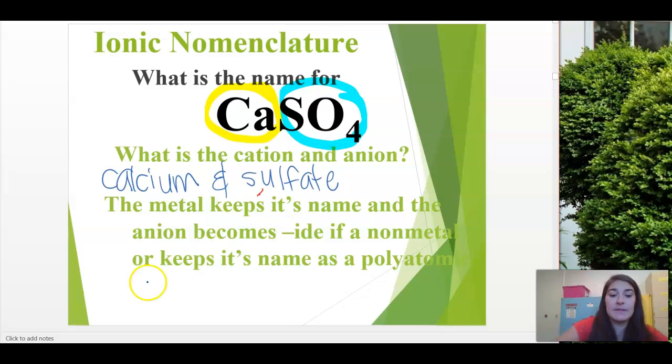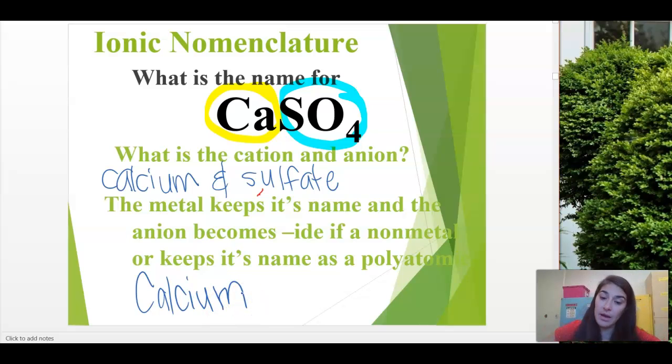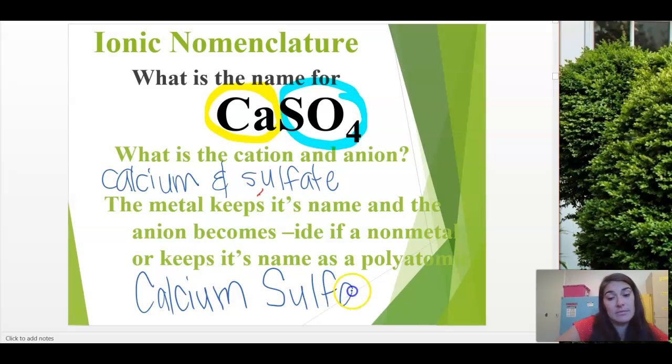The metal keeps its name, so it is calcium. The non-metal would add IDE, or the polyatomic ion keeps its name. Sulfate is a polyatomic ion, so we simply have calcium sulfate. That's it, okay? You basically are naming what you see for these things.